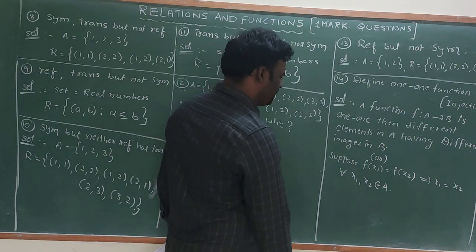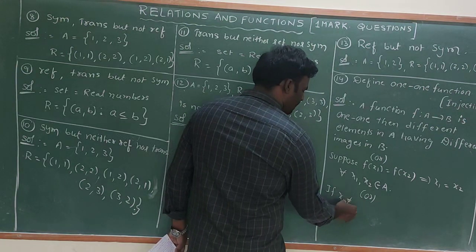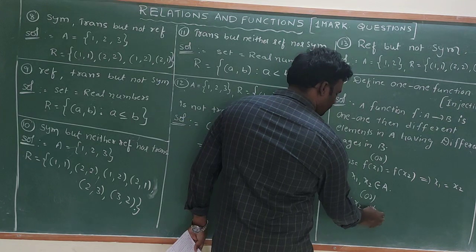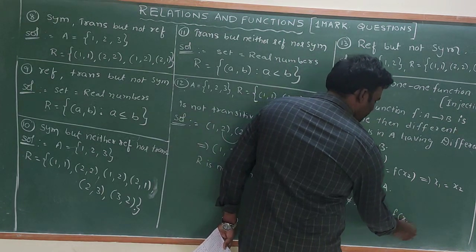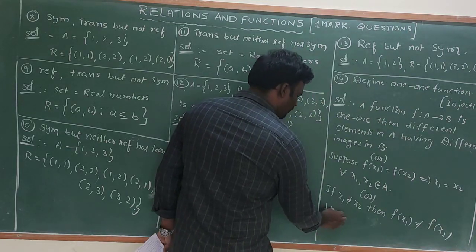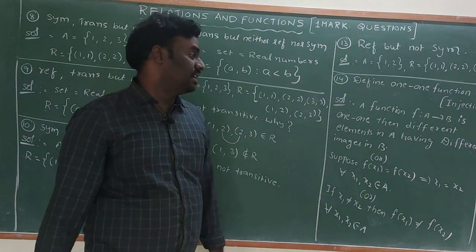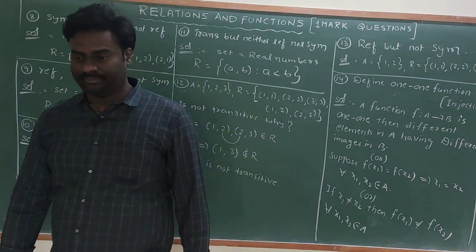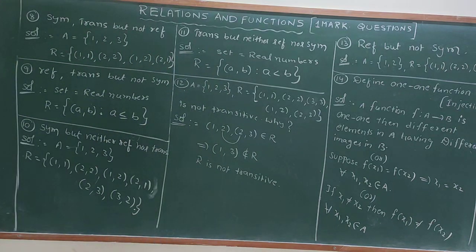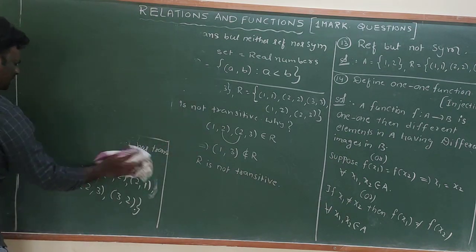One more definition is there: if x1 is not equal to x2, then f(x1) is not equal to f(x2) for all x1 and x2 belonging to A. These three are the definitions for one-one function. So 14 questions completed.